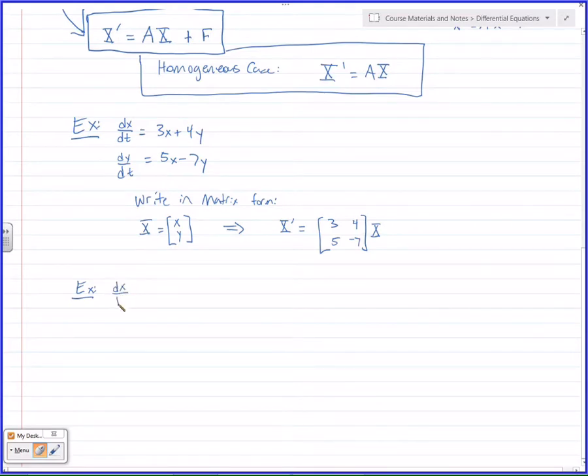If dx/dt is 6x plus y plus z plus t, and dy/dt is 8x plus 7y minus z plus 10t, and dz/dt is 2x plus 9y minus z plus 6t.